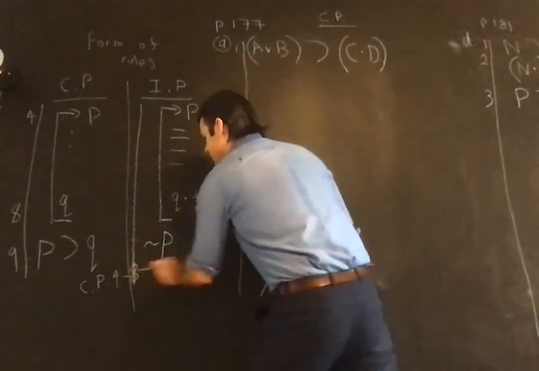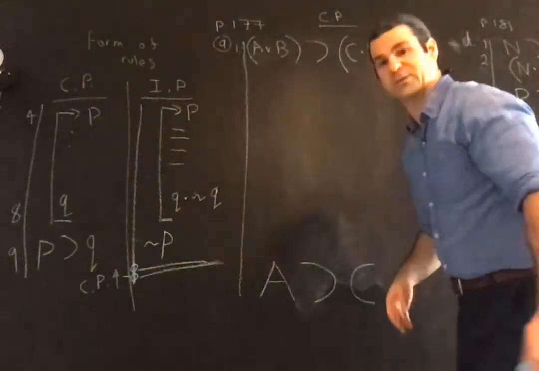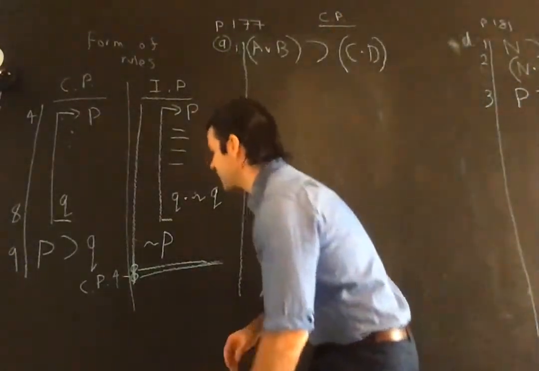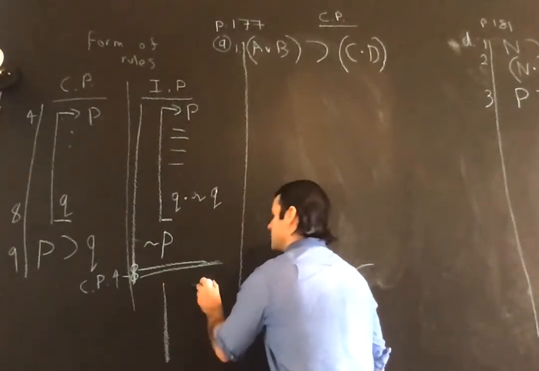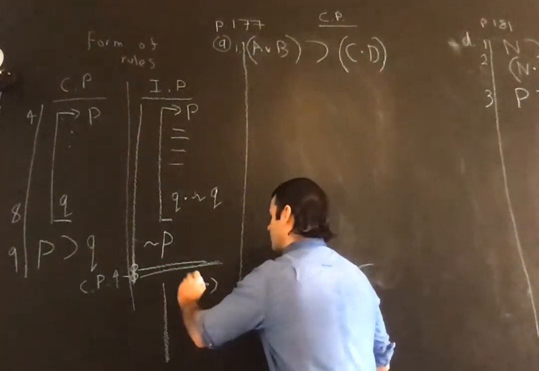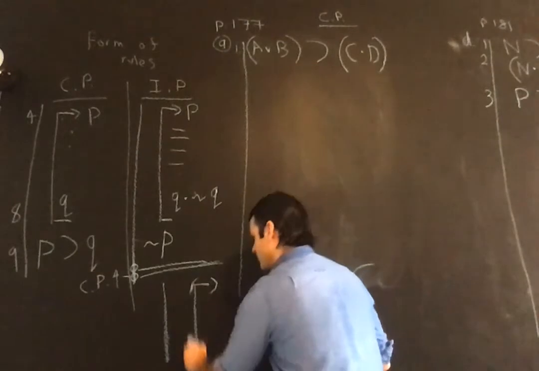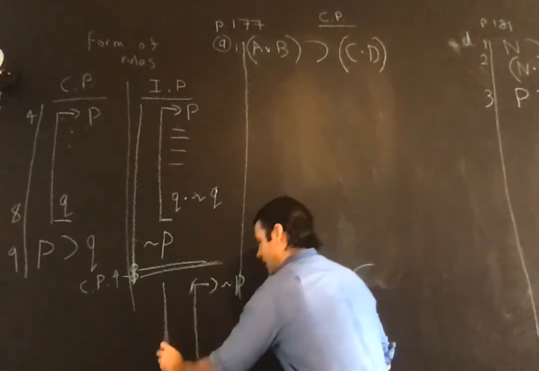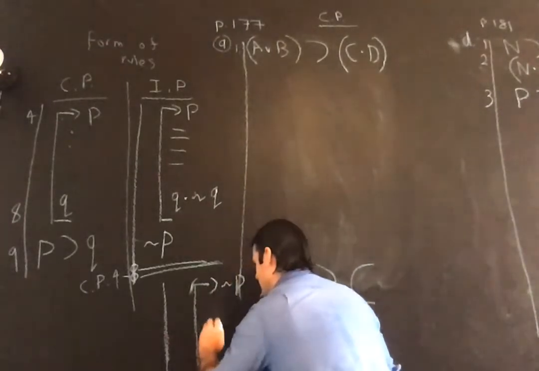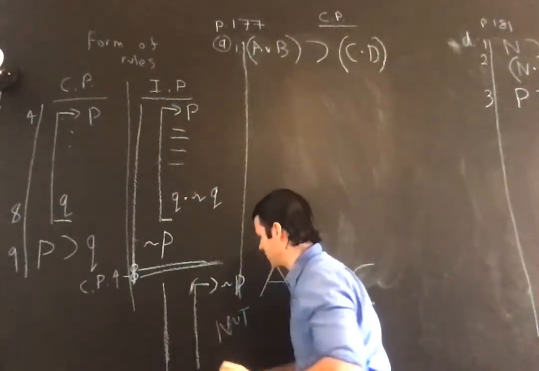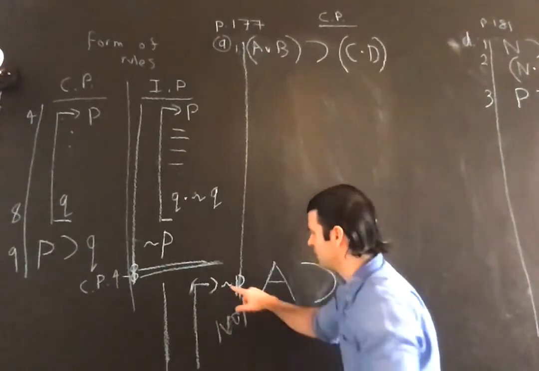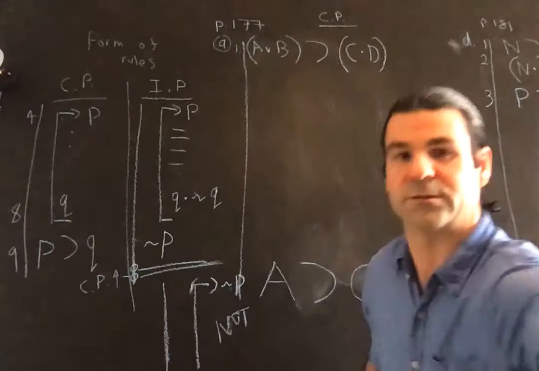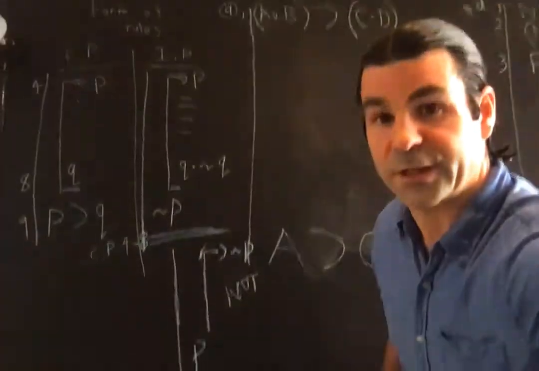We'll get to some applications in a minute, but it is not correct to assume not P and derive P. This is not the form of the rule. It's not the case that you assume not P, you infer P. That's wrong. That's not right.